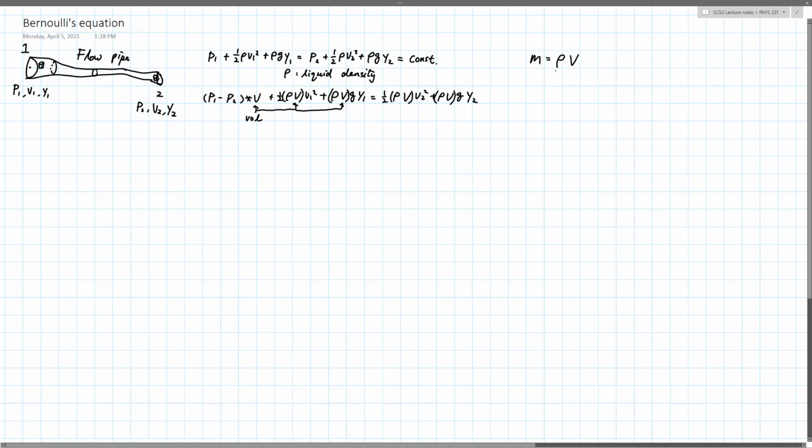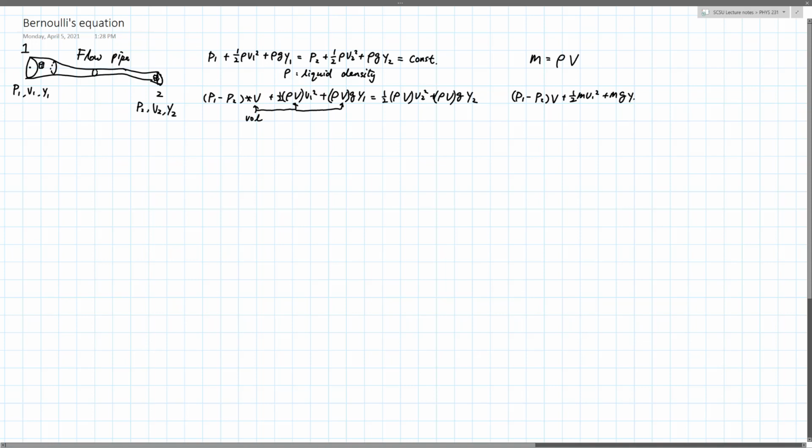So everything in the parentheses, rho V, is mass. The only thing that's not mass is over here, so we'll morph that into some sort of mass in the next step. So that is plus 1/2 m v1 squared plus m g y1.